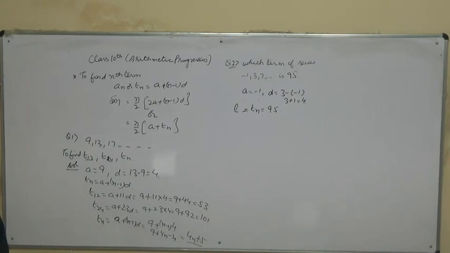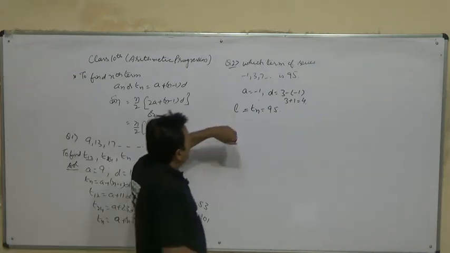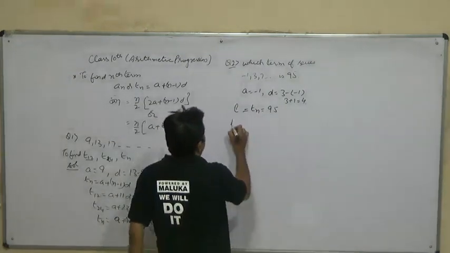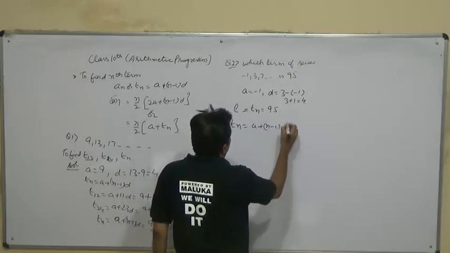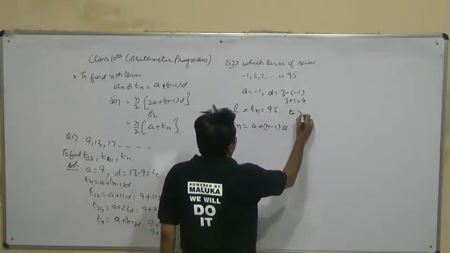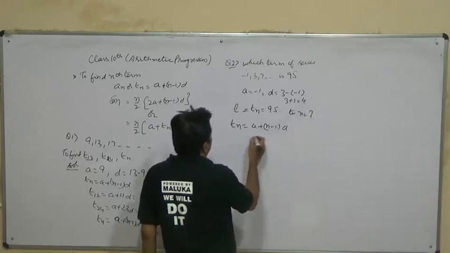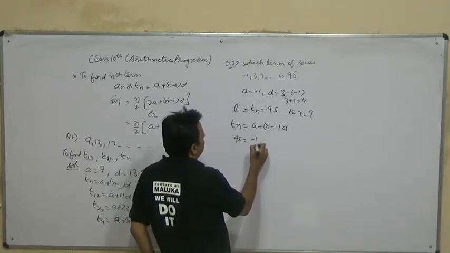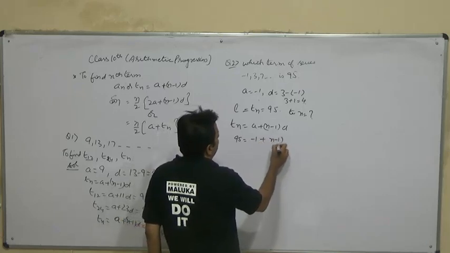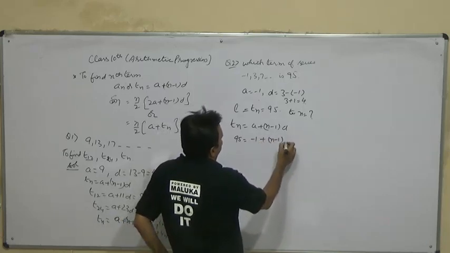So that we can do here. Now what we want to get here, Tn is equal to 95. We know that Tn is given by a plus n minus 1 into d. We have to find the value of n. So Tn is 95, a is minus 1 plus n minus 1 into d is 4.